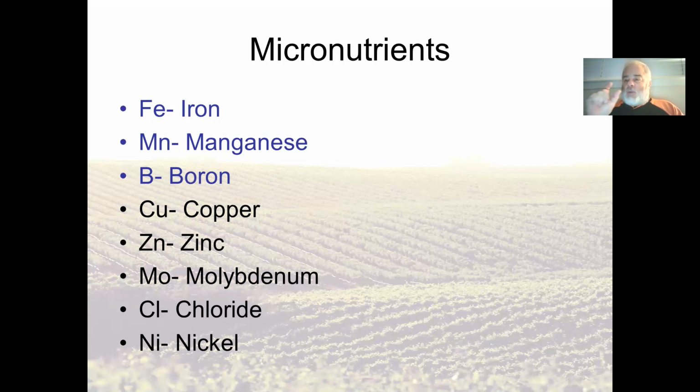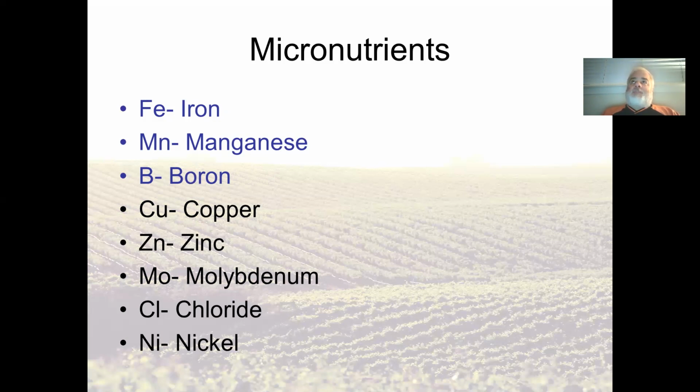Boron is probably the one with the narrowest window of sufficiency that is not going to cause a deficiency problem for the plants, and also not cause a toxic problem for the plants. For some plants, the amount of boron that you need to grow one plant might be toxic to another. And so boron is one of those that's narrow. Most nutrients are a pretty broad range. You just have to be close, somewhere in the range, and it doesn't matter.